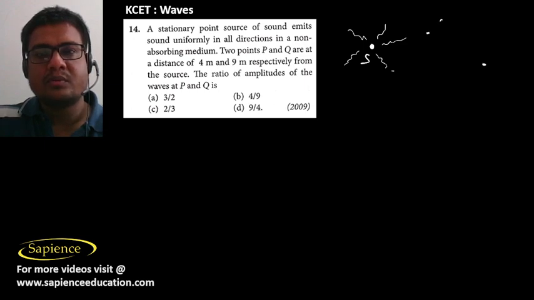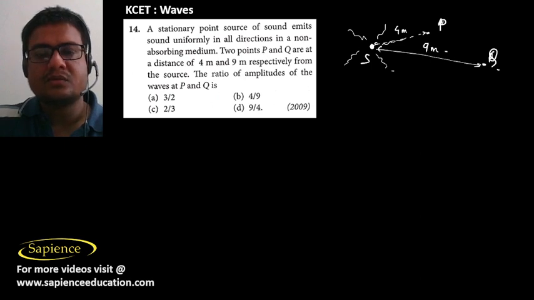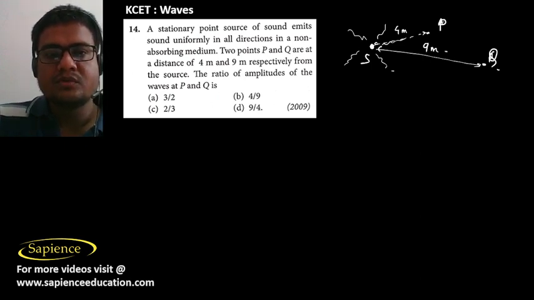So point P is at a distance of 4 meter from the source, and point Q is at a distance of 9 meter from the source. The ratio of amplitudes of the waves at P and Q is?